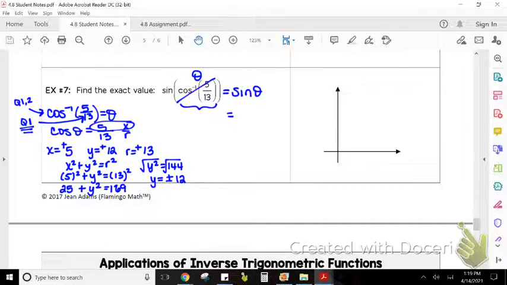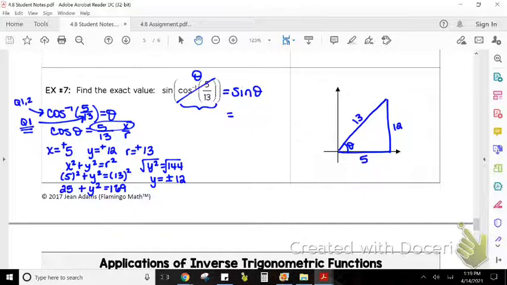Now if I wanted to use the graph instead, make sure your angle is a central angle, so you want this to be in standard position. X is like your x-axis. Y goes up and down like the y-axis. And r is always the hypotenuse of that slant.